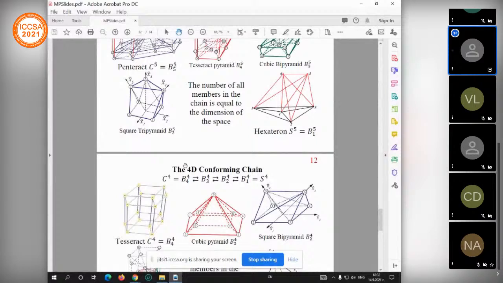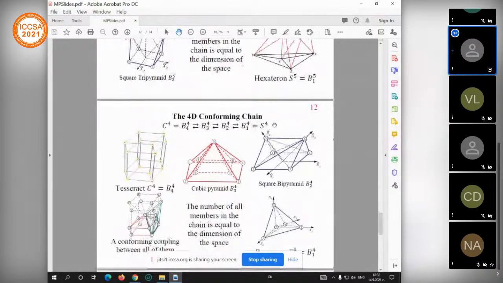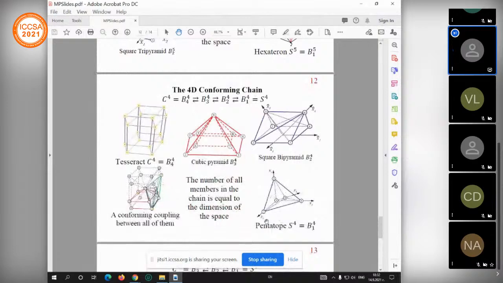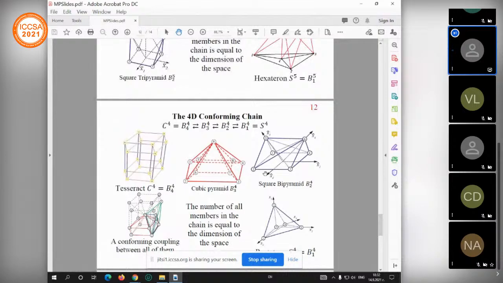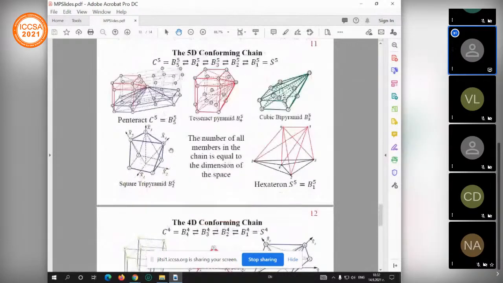And finally, we have to clarify which polytope shares this one and this one. And actually, they share a pentatop. In other words, all these 4 are included in this 5-dimensional space.